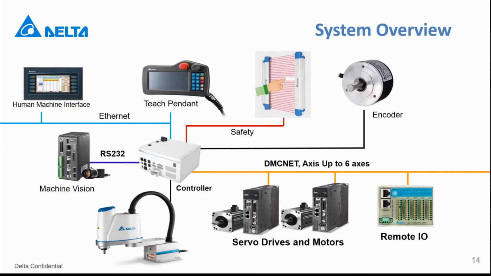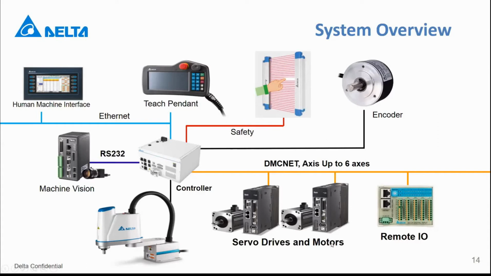And next is the DMC-NET protocol. The DMC-NET protocol is our Delta proprietary protocol. Only Delta products support this protocol. For the robot controller, usually we can connect two different kinds of products. One is servo drives and motors.